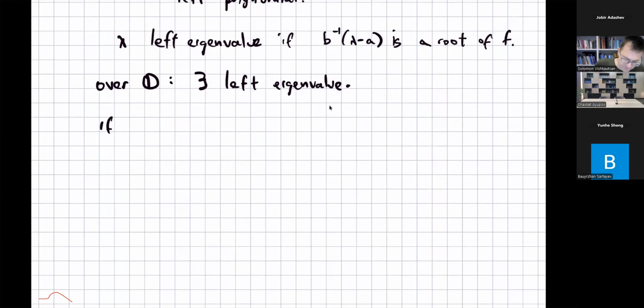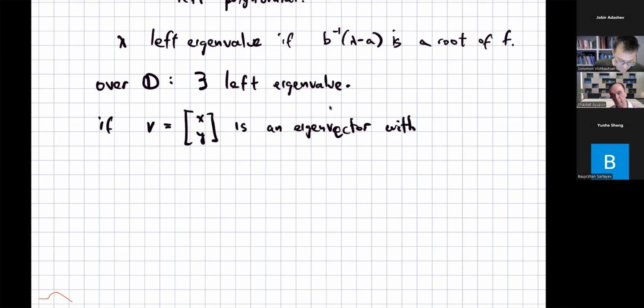So if we have an eigenvector with x not 0, we can write it down in the following way.